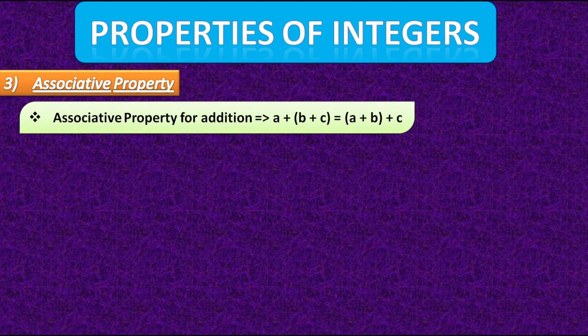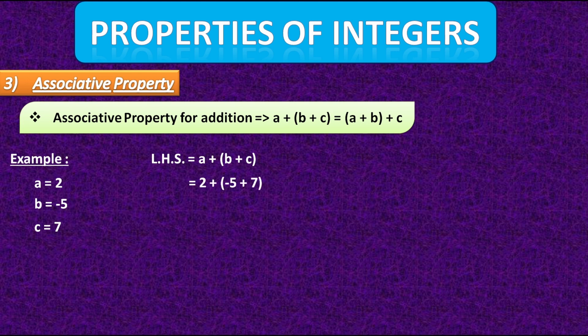Let's check it with the help of an example. Here I am taking the value of a as 2, b as -5 and c as 7. Let's take the LHS, that is a plus, in brackets, b plus c. Let's put the values of a, b, c in the formula. So 2 plus, in brackets, -5 plus 7, bracket complete.